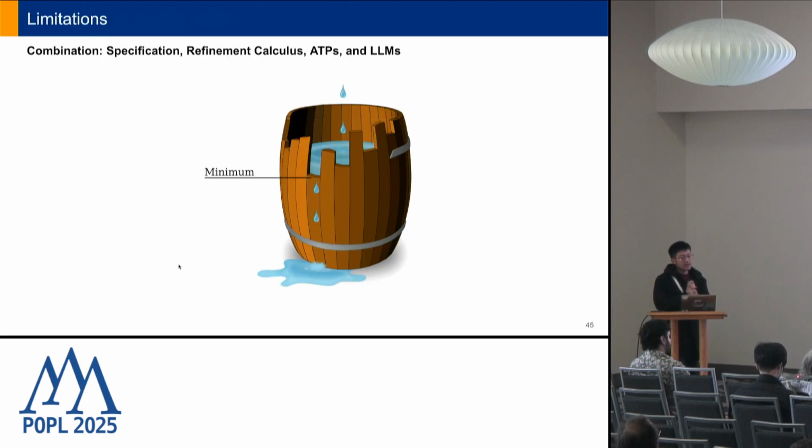So the limitation is that because we have a combination of specification, refinement calculus, ATPs, and LLMs, we basically try, based on the LLM, to build correctness guarantees for the LLM-generated code. But sometimes some components may not be that good. We need to make some patterns for the ATPs to verify the code.